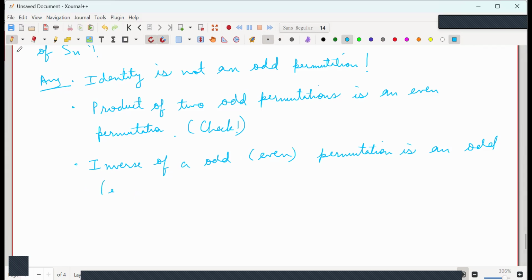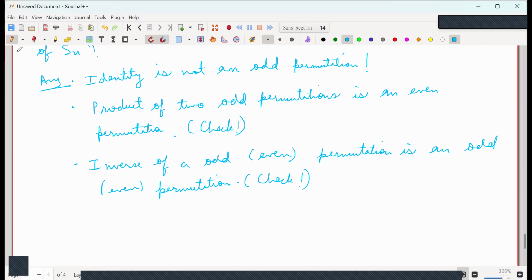Because if you take the inverse of a permutation in disjoint cycle decomposition, then you can observe something, and that observation will help you to conclude this. So this also I am leaving for you to check. So under inverse, it is closed. But inverse will make sense only when the identity is there.